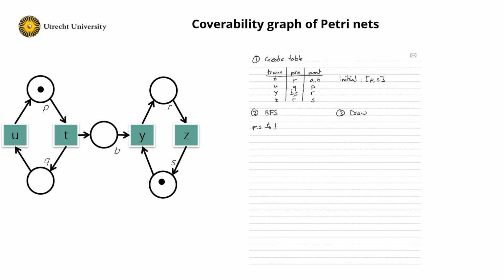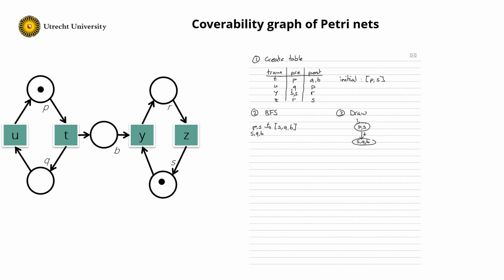And it brings me to the marking S, Q, and one token in B. So I can draw this in my graph as well. So I have PS as the initial, and I can fire transition T. That brings me to the marking S, Q, B. And don't forget that it is the initial marking. Now I'm in SQB.